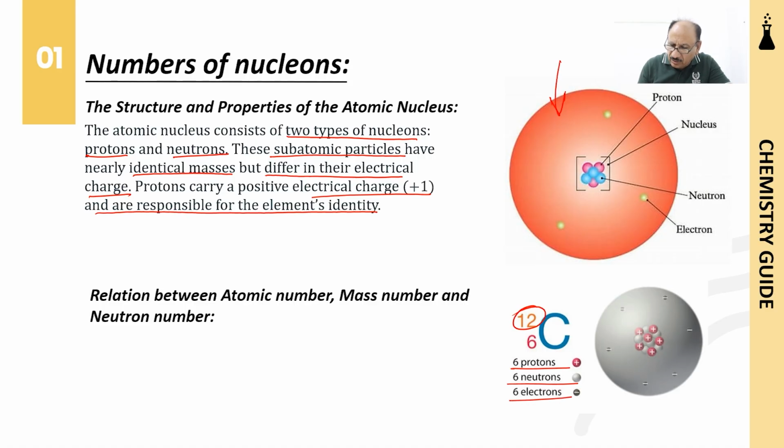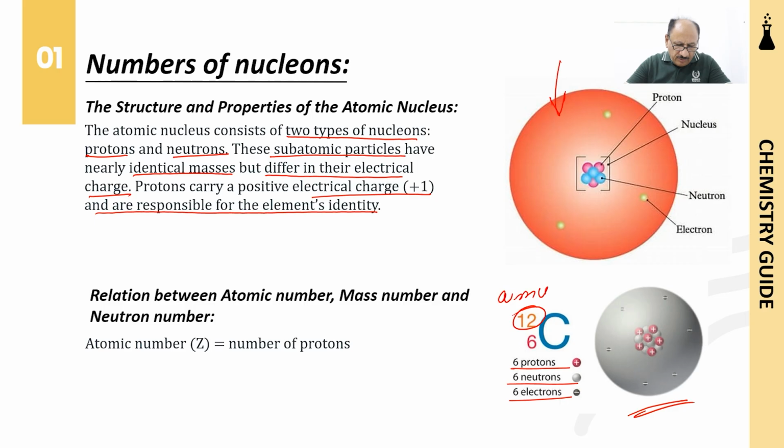This is the carbon-12 which we take as a standard, and we take its mass as 12 amu. We compare other elements with the carbon-12 isotope. This carbon atom contains 6 protons, 6 neutrons, and 6 electrons.